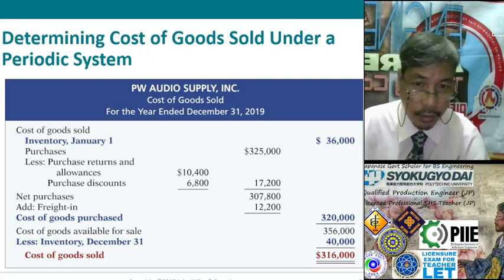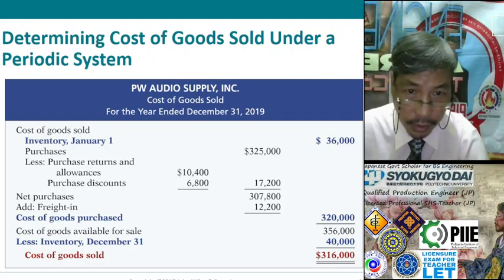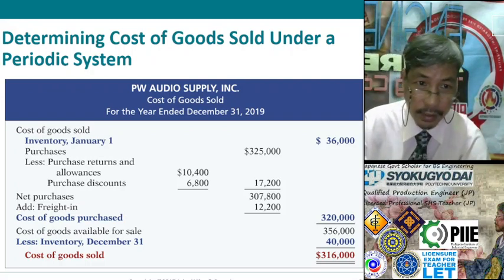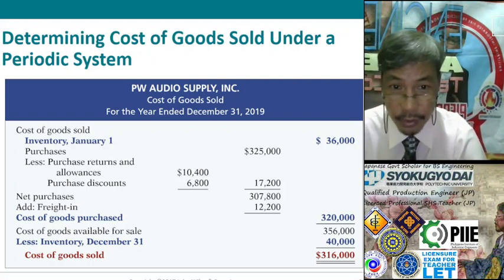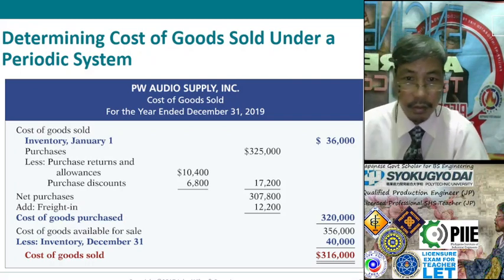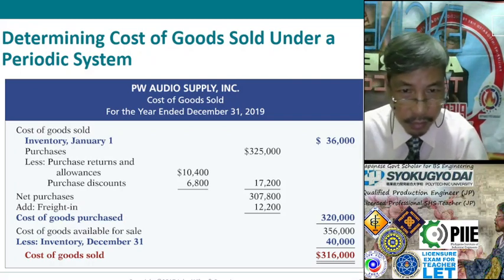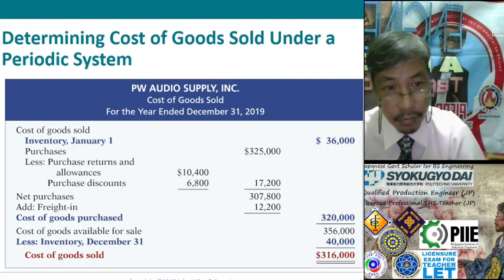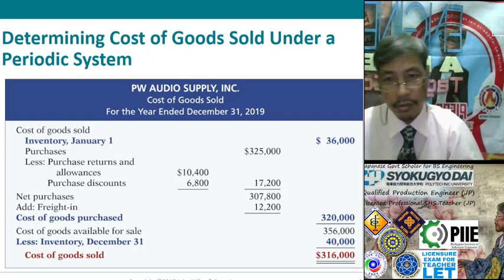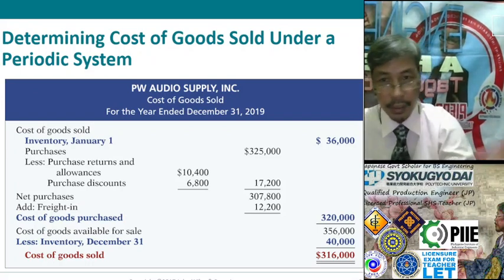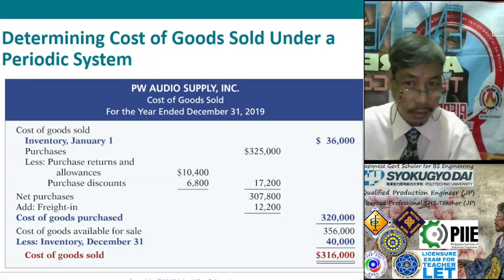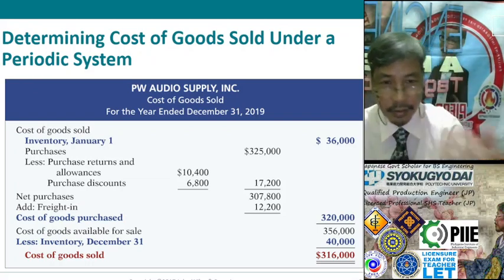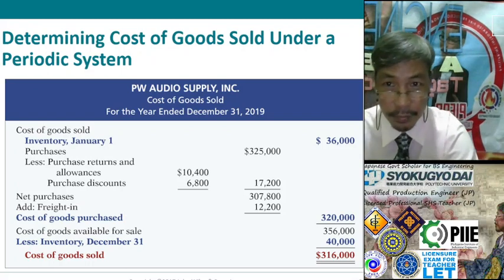And cost of goods available for sale, less ending inventory. So we have the cost of goods sold computation. This is total, and we can do it per piece because we already counted the inventory at the end of the year. So we can compute the per unit pieces.